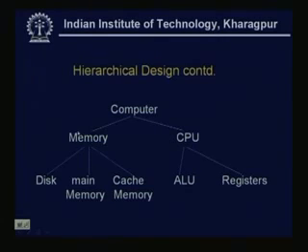Now, this memory is a larger subsystem, so it is partitioned into smaller subsystems: disk, main memory, cache memory. Similarly, the CPU I can think of as a combination of two smaller subsystems, the arithmetic logic unit and the registers.